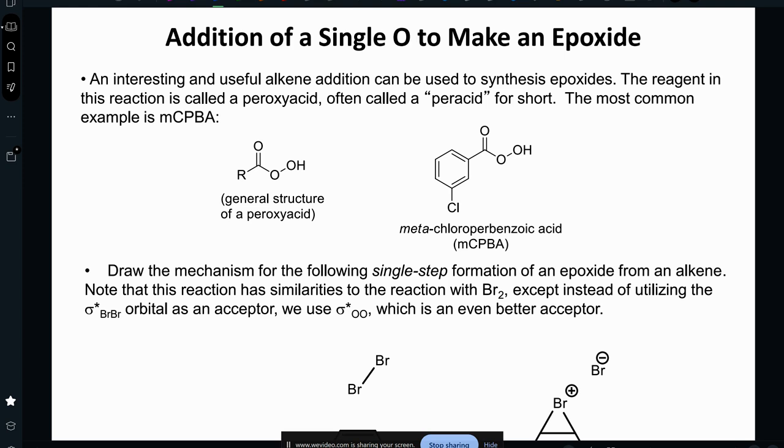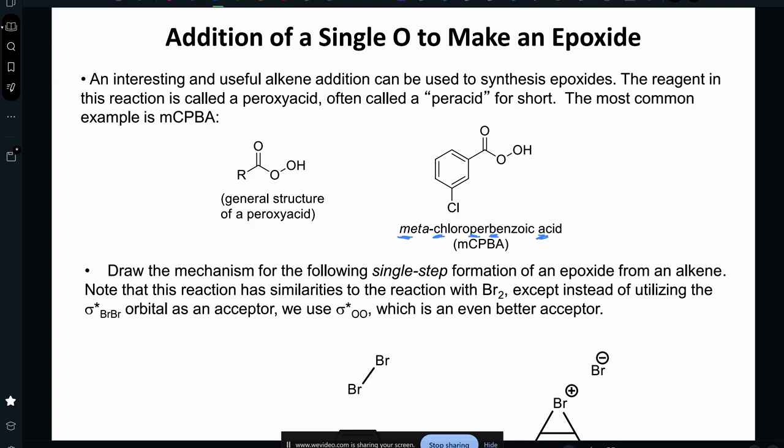So the most common that we use, because it happens to be relatively stable, is known as metachloroperoxybenzoic acid, or MCPBA. So you will see this reagent name MCPBA from time to time.